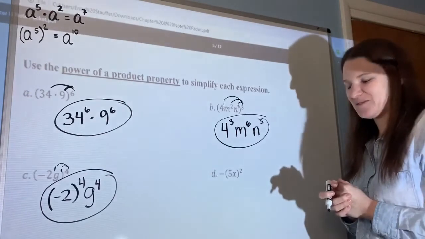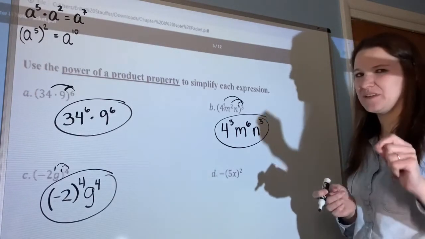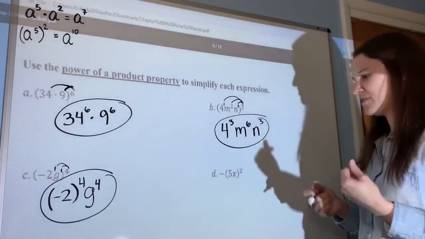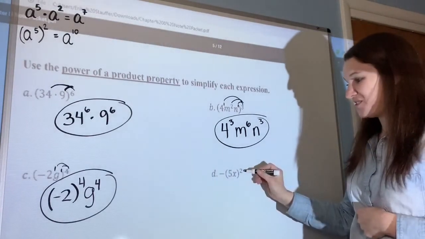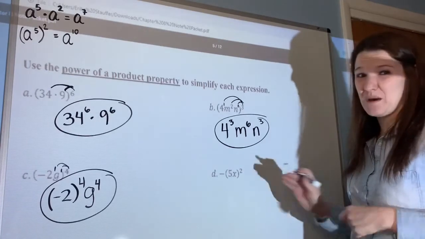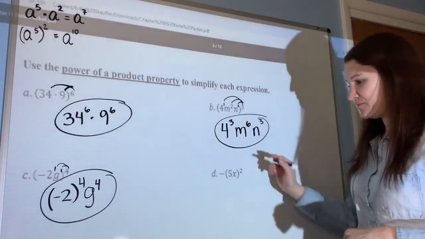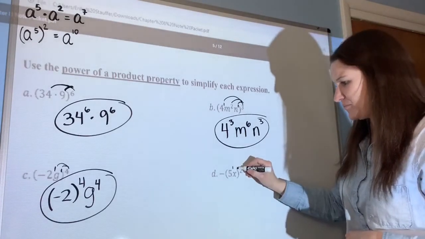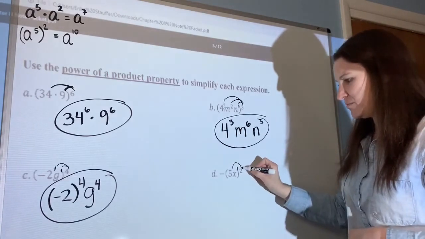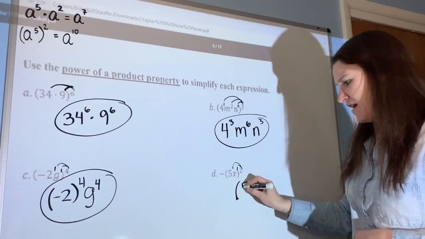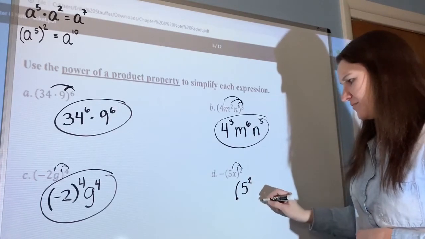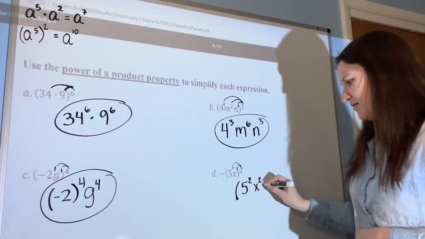All right, last one. This one's a little bit different. Just think about your rules. That negative is outside of the parentheses, which means that the 2 is not going to be distributed to that part of the expression. Again, 2 bases here, so this 2 is going to both of them. So I'm going to have 5 to the 2nd power and x to the 2nd power.